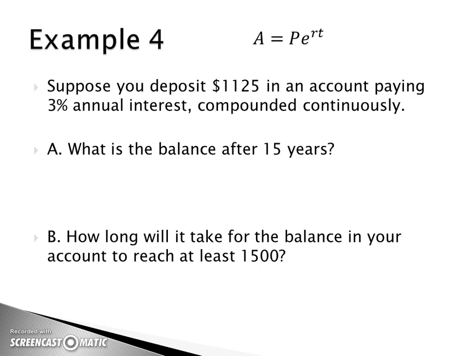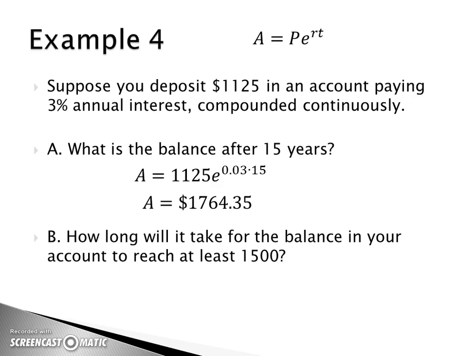That is our t. So we're going to put all that into our equation. A equals 1,125 times e to the 0.03 times 15. We type that straight into our calculator. We get 1,764 and 35 cents.